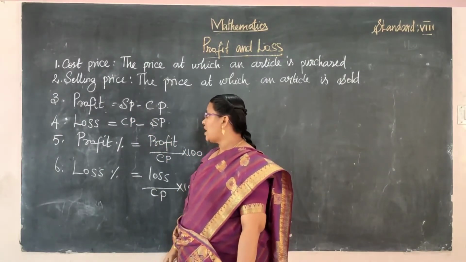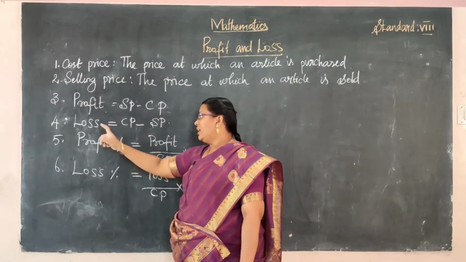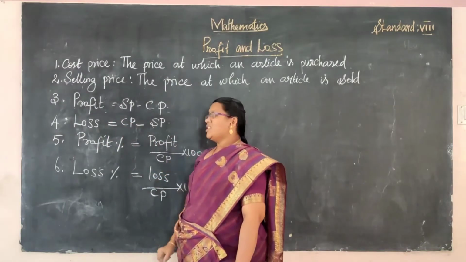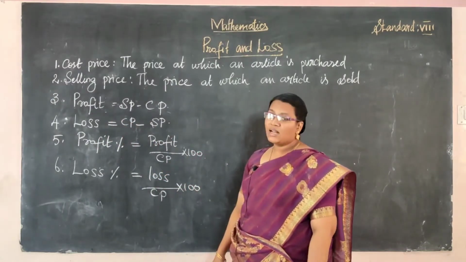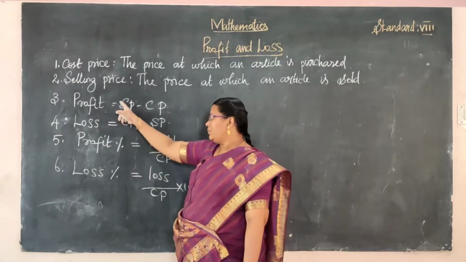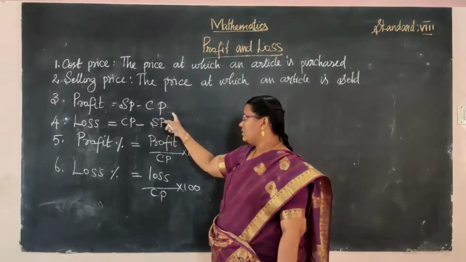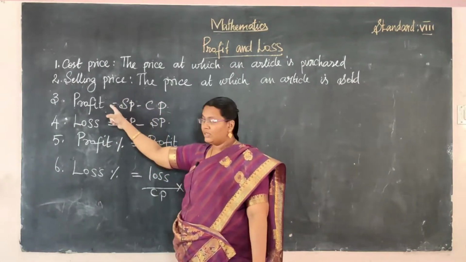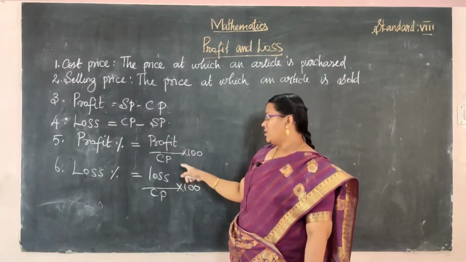Selling price minus cost price is the profit, and loss means cost price minus selling price. And for profit percentage, we first calculate the profit by substituting in this formula.